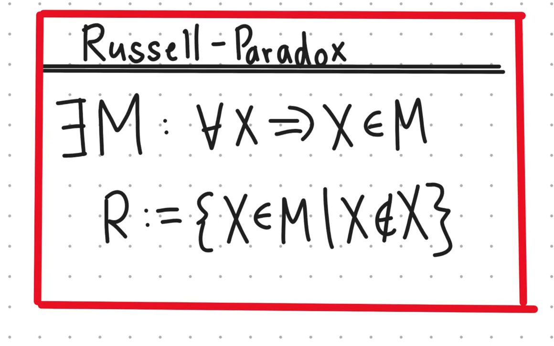In this video, we're going to talk about the so-called Russell paradox, which states that there exists a set M such that for all x in the mathematical universe, the set x is in M. So we are trying to say that there exists a set such that for every set, the set is in the set M. So the set M is like containing all of the sets.